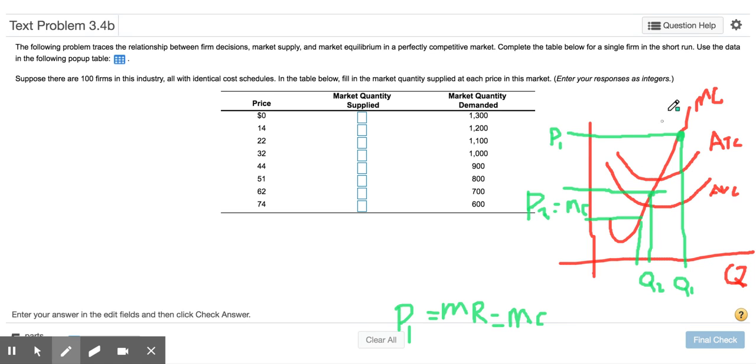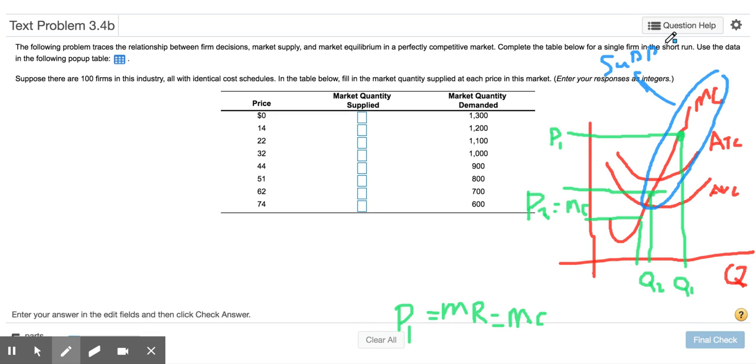So the supply curve for any given firm is simply its marginal cost curve that lies above the average variable cost. So this is the supply curve for any given firm.